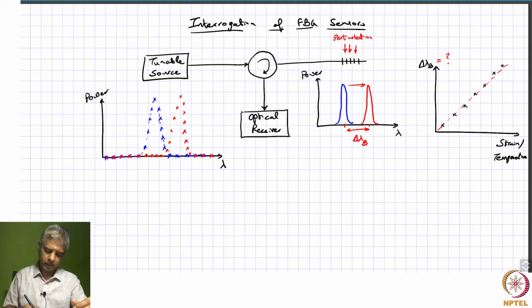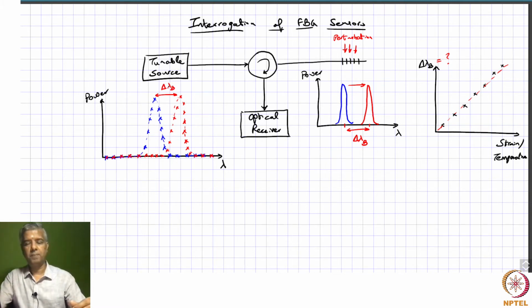So essentially we can see that the spectrum has shifted, so you can figure out your delta lambda B in this manner. So that seems to be a simple enough thing to do, but then is it really that good?